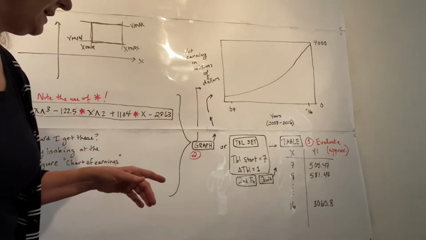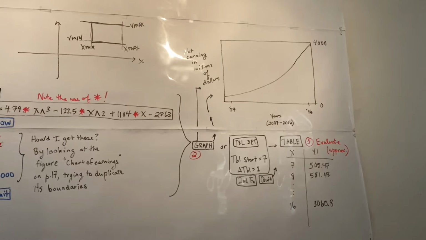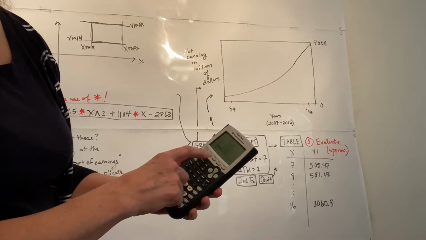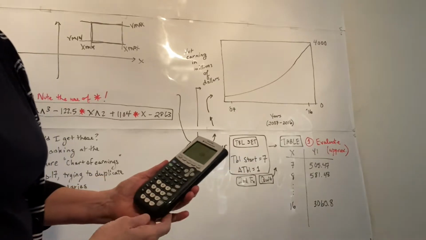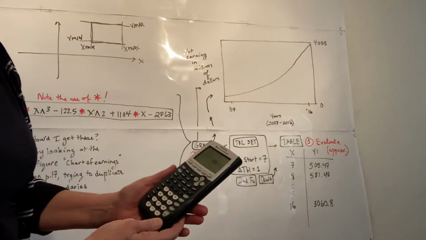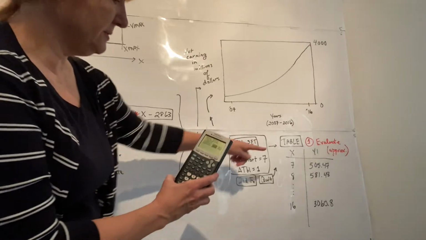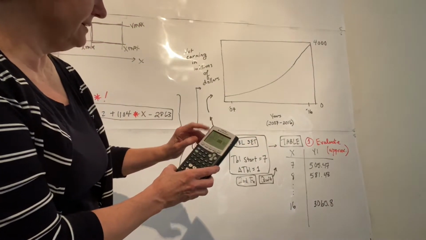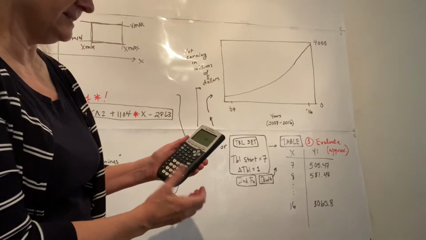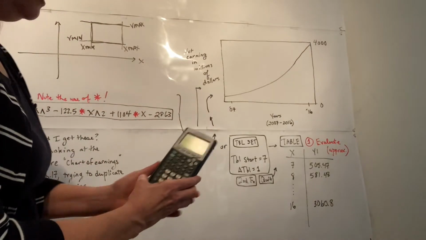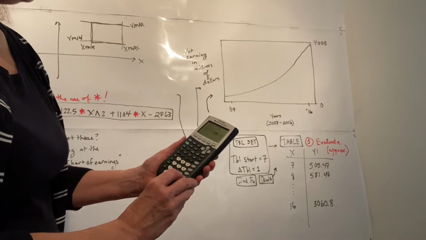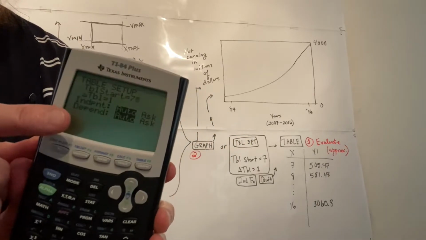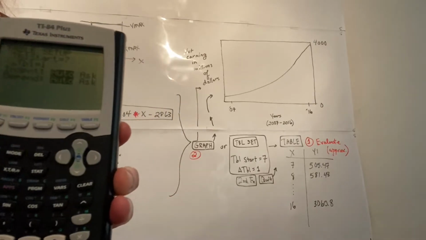After you've entered it in y equals, you can go to table set, which is second function table set right here, and ask it to produce a table starting with your table start value. So if I put in 7, because that's when the model is accurate, and the change in table is just set equal to 1.